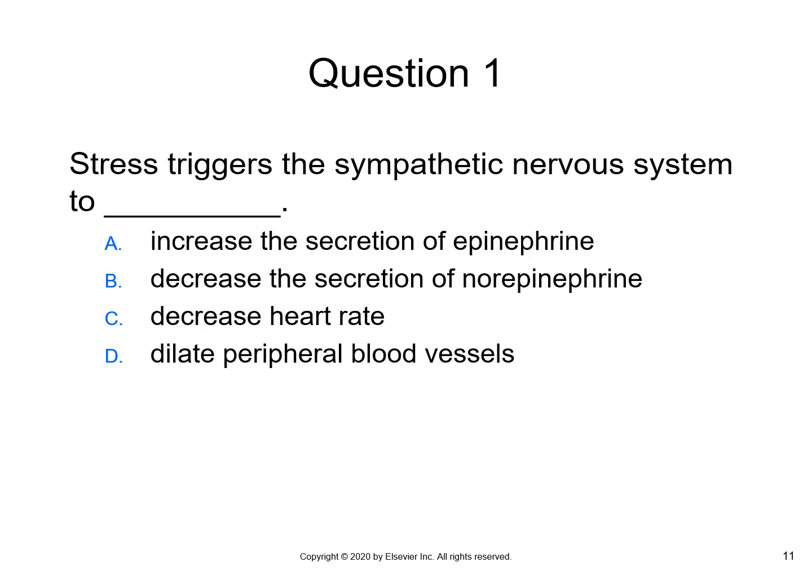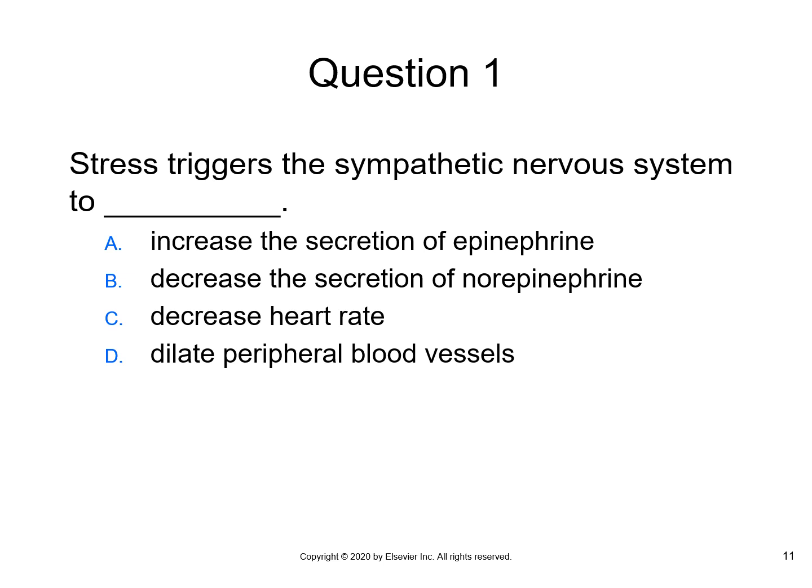All right. Some trivia questions. Stress triggers the sympathetic nervous system too. I'll give you some seconds to think about it. All right, correct answer is A. Increase the secretion of epinephrine.